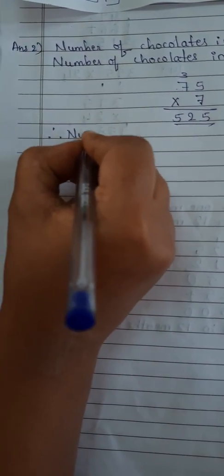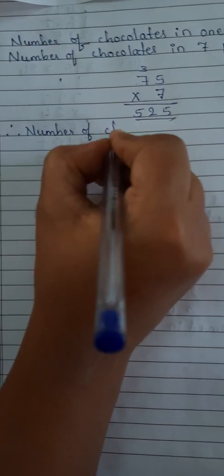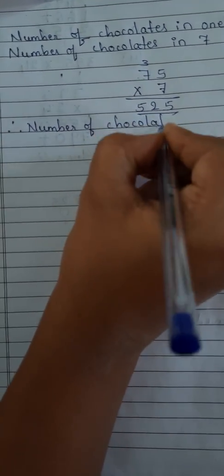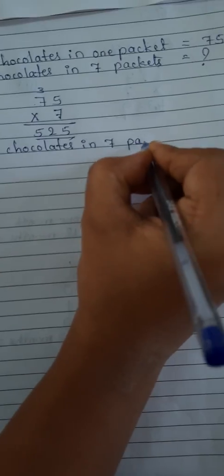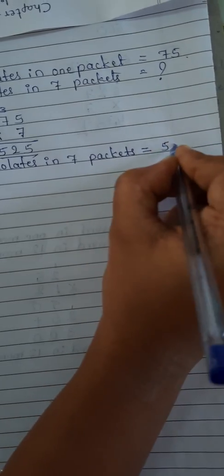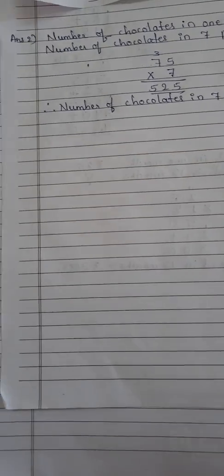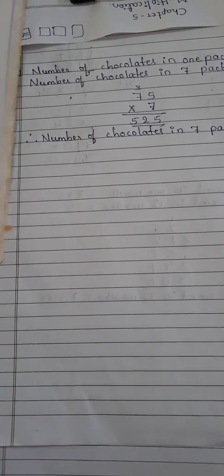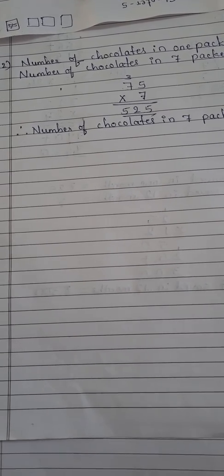Number of chocolates in 7 packets is equal to 525. Understood, children? Yes. Now the last one more sum I will explain. Rest all you have to do it in your classwork.